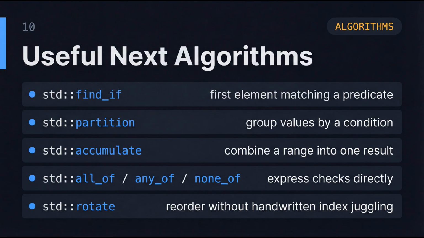Sums, products, string concatenation all work with accumulate. all_of, any_of, none_of: three Boolean algorithms that express checks directly. all_of returns true if every element matches. any_of returns true if at least one matches. none_of returns true if zero match. And rotate shifts elements left or right without the index juggling you'd need in a manual loop.